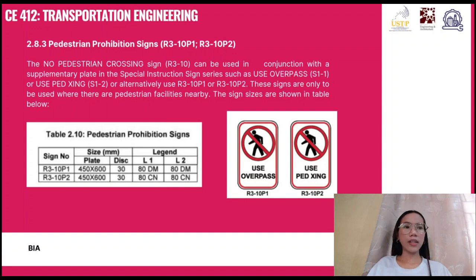So kani nga sign is ginapasabot sa mga tao or sa mulabang nga dili siya mo tabok kana nga dalan or street or area. Instead, dapat magamit sila og pedestrian overpass. And kani nga sign is gina-show sa mga tao nga naglakaw with a red line crossing them out. And kanang words like use overpass or use fencing. Kani siya, ma-place ni siya to have a safe crossing options nearby para iwas disgrasya bitaw.